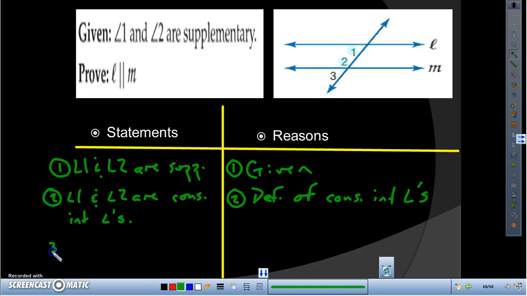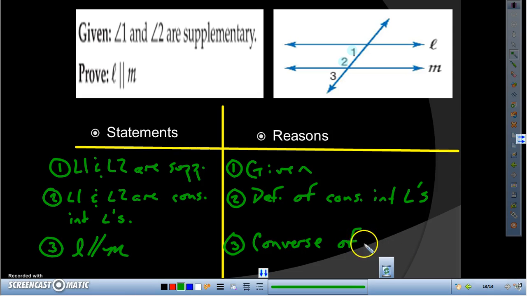So then my third statement, hopefully you can guess this. If I know that these two angles are supplementary and I know that they are consecutive interior, then I can say that line L is parallel to line M, and I'm using the converse of the consecutive interior angles theorem.